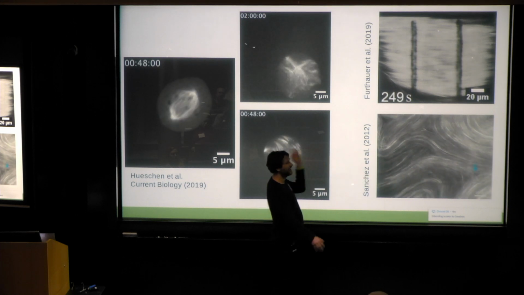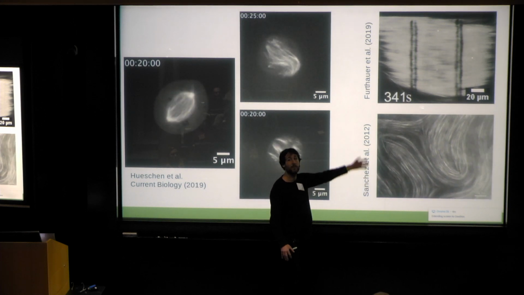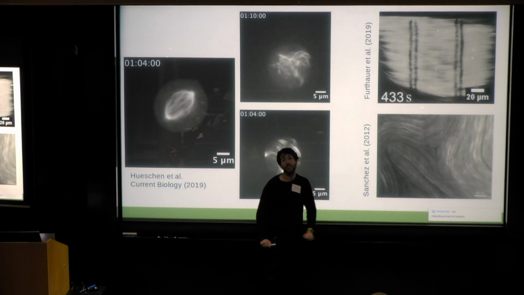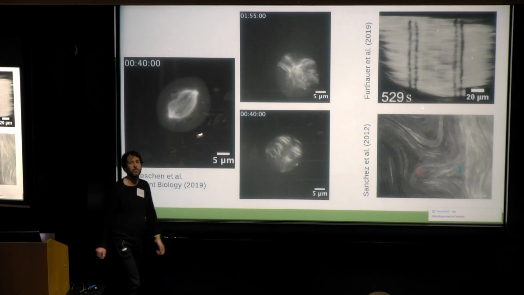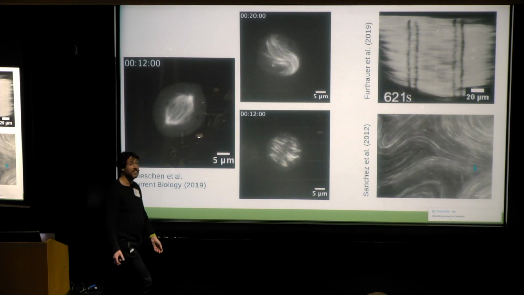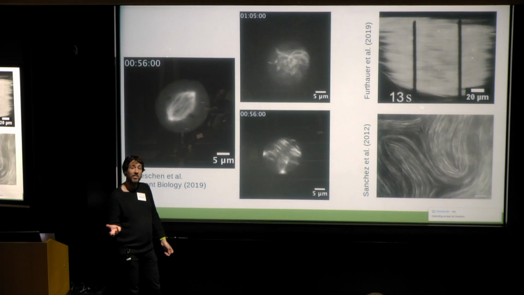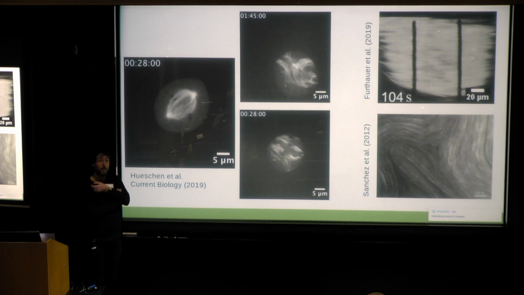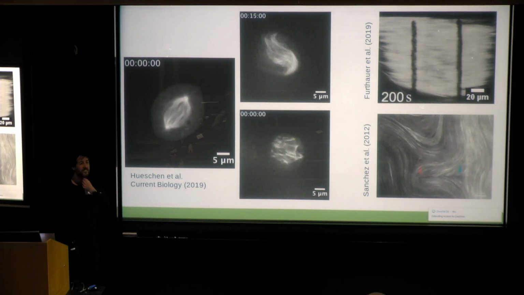But neither in the in vivo system nor in the in vitro system do we really understand this transition. So that's just another point that I want to make, that we have a question about how to control turbulence that we also probably as a community want to address.